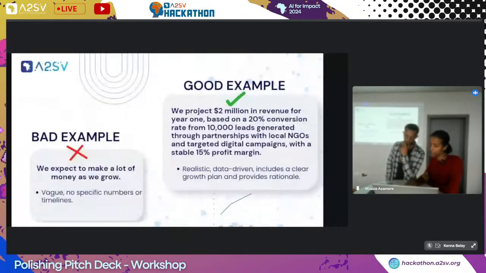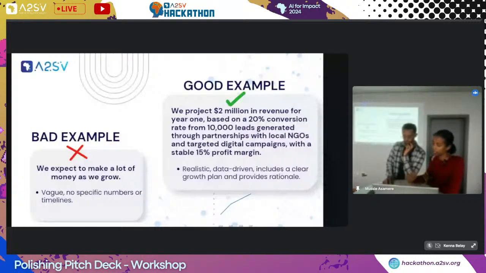Next to that, we want to have an estimated paragraph. Our paragraph should include how many target markets we have. So here we say we project 20 million in revenue for the year based on, and then we rationalize it, a 20% conversion rate from 10,000 leads generated through partnerships with local NGOs and targeted digital campaigns.